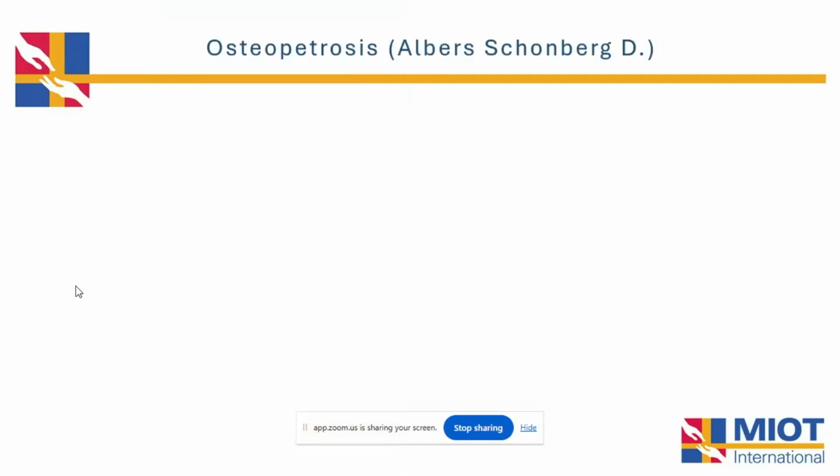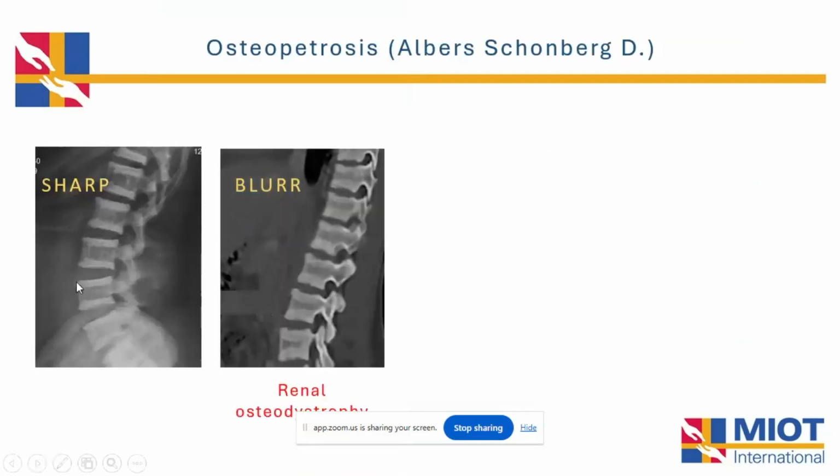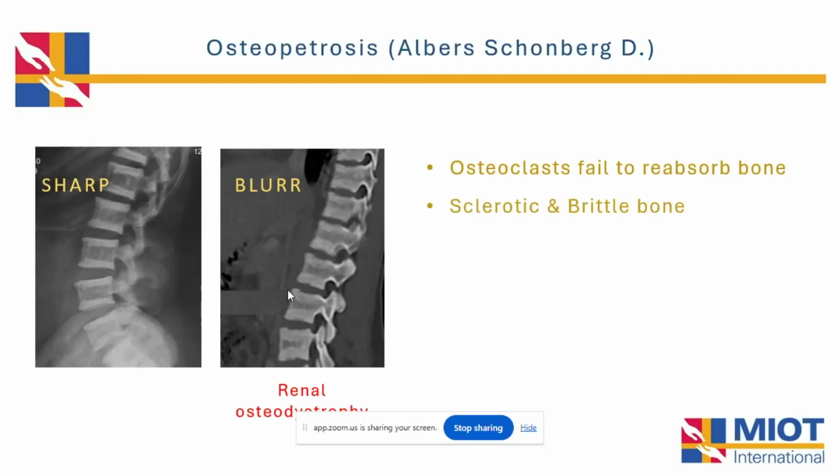So the working diagnosis was osteopetrosis, because renal osteodystrophy also looks similar in the spine. The only difference is that in osteopetrosis, the differentiation between sclerotic and normal bone is sharp, whereas in renal osteodystrophy, it is blurred. That is why I thought it could be osteopetrosis. We all know that in osteopetrosis, osteoclast function fails, so we have sclerotic bone.